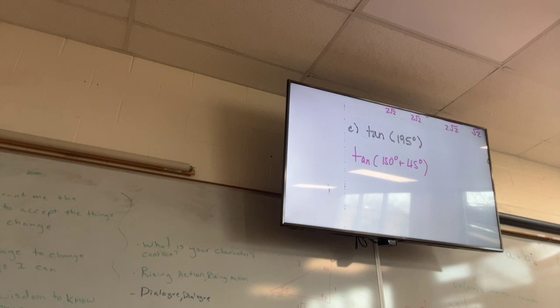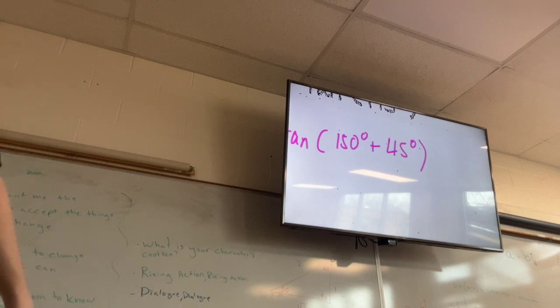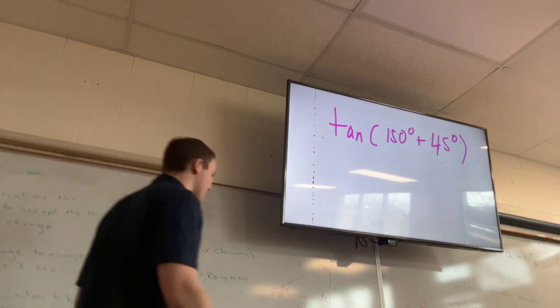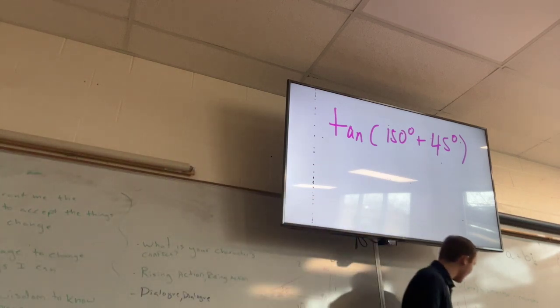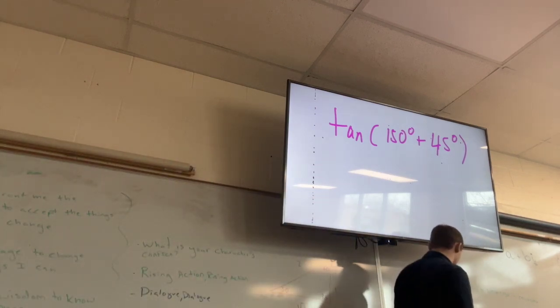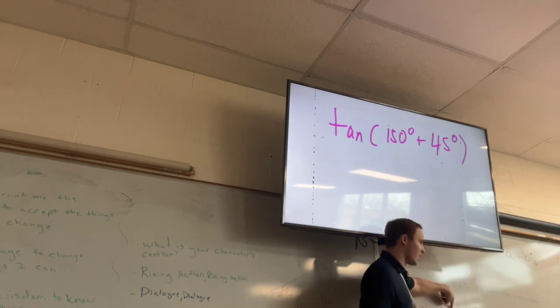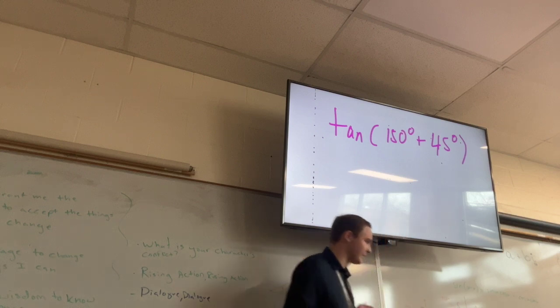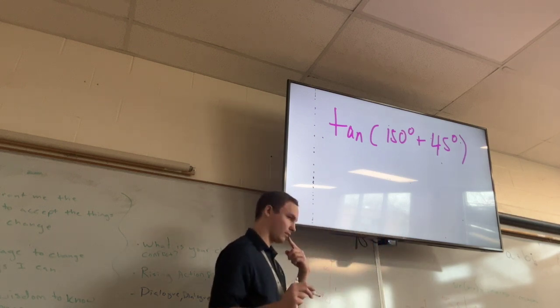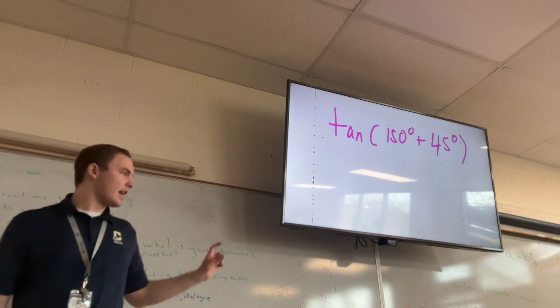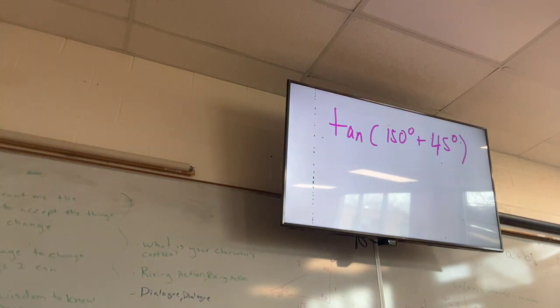Okay? 45 is in our special right triangles. 150 is not, but if I draw its bearing, if I draw a bearing of 150 degrees, I end up in the S quadrant. And that gives me a reference angle of what? 30. Okay? So we'll have a positive sine, negative cosine, negative tangent for 150, okay?